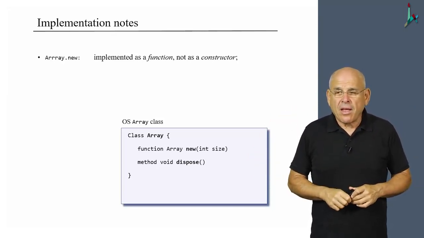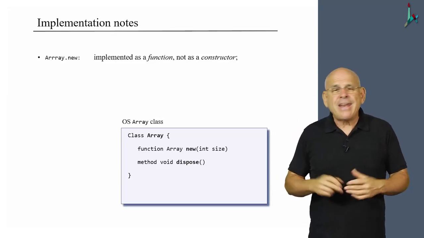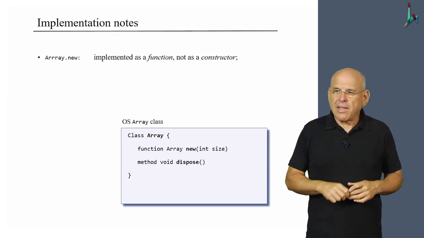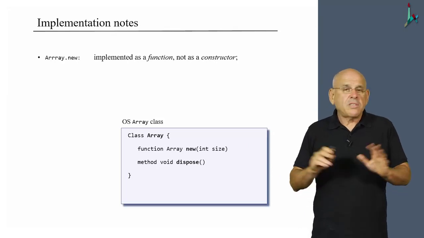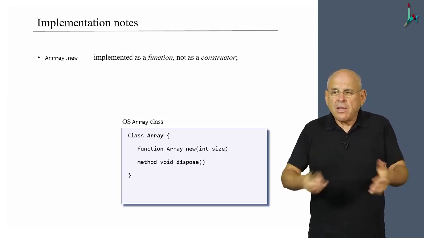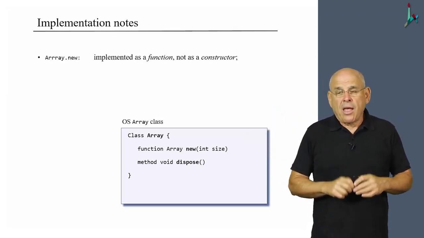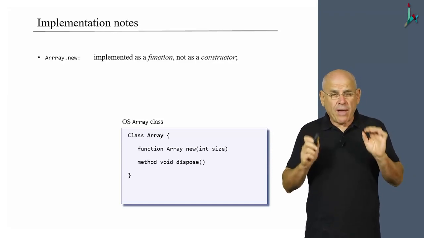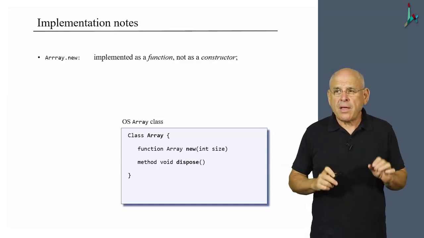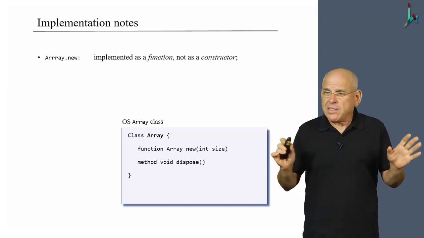So quite frankly, I don't know exactly what will transpire, but I'm sure that something good will not come out of it. So in order to avoid all this sort of unnecessary symbol table access and processing, we simply use a function. When the compiler compiles a function, it doesn't go to the symbol table, it doesn't do anything special. All we have to remember, however, is that no one is going to call alloc for us, because this is not a constructor.